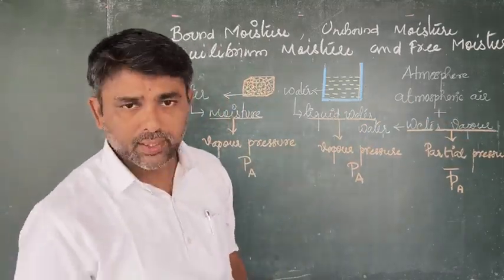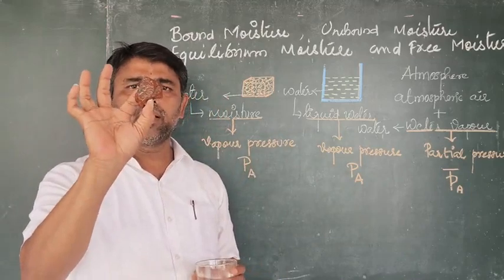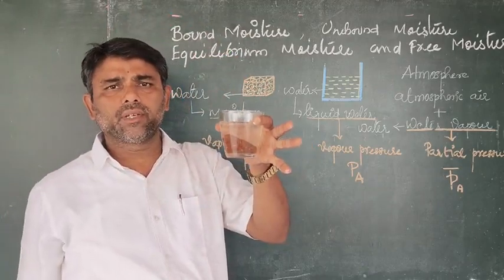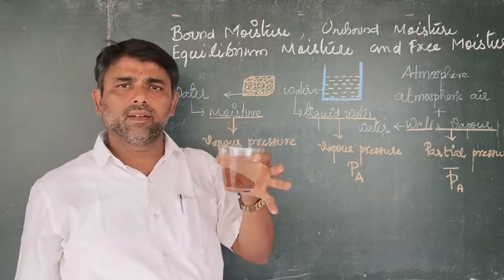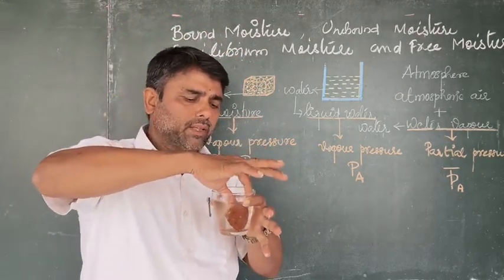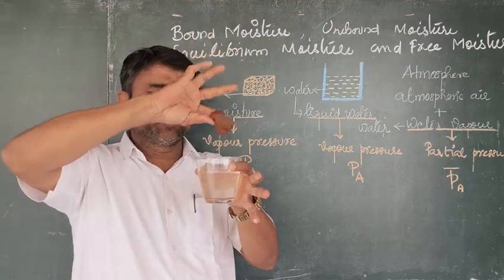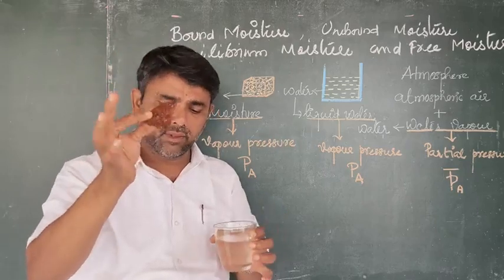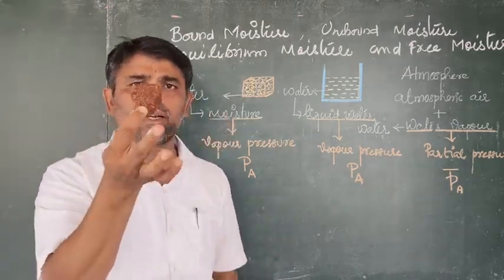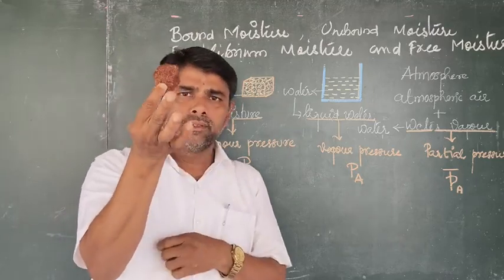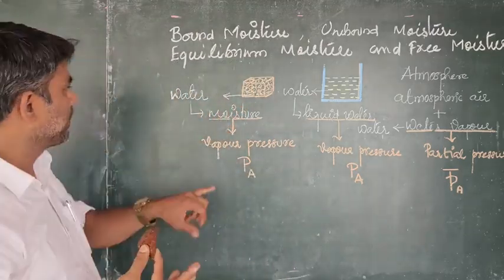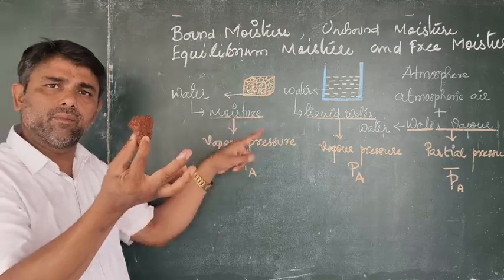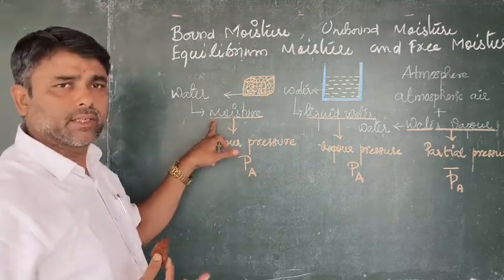Next one is a brick. A brick is poured in water for a sufficient time. After enough time, the brick is removed from the system. Now this brick also contains a certain amount of water. This water is termed moisture.